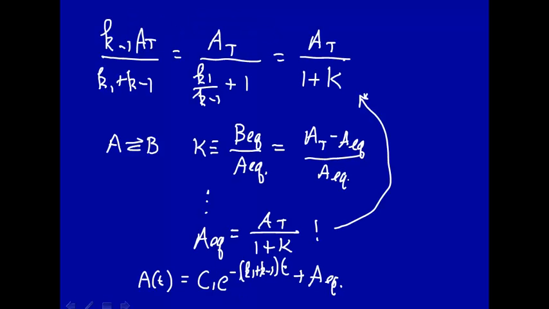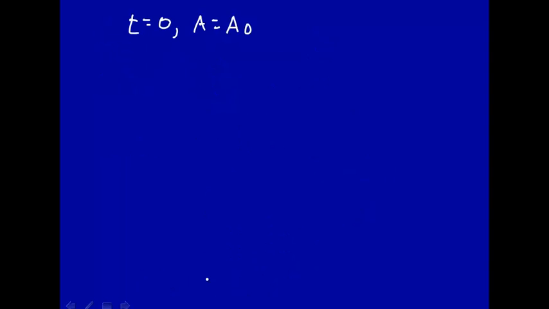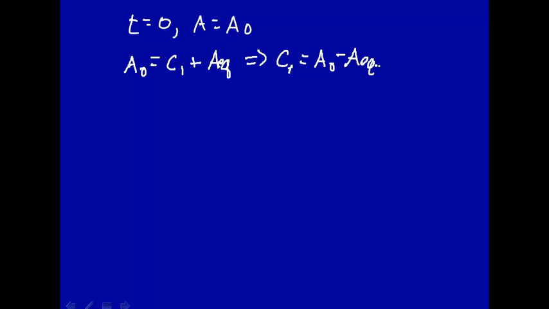Okay, so we'll put that in, time equals 0, that term goes to 1, so A0 is equal to the integration constant plus the equilibrium concentration. Or the integration constant then is equal to A0 minus the equilibrium concentration.